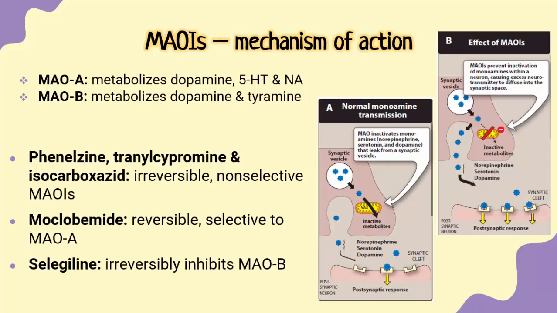For the examples just now, like phenelzine, moclobemide, and selegiline, you need to know which enzyme they inhibit, whether it is A, or selective towards B, or whether they can inhibit both A and B, and whether the blocking is reversible or irreversible. Again, you need to know the explanation of the mechanism of action of these drugs and what the adverse effects of the drugs are.